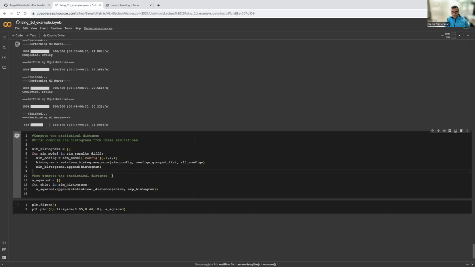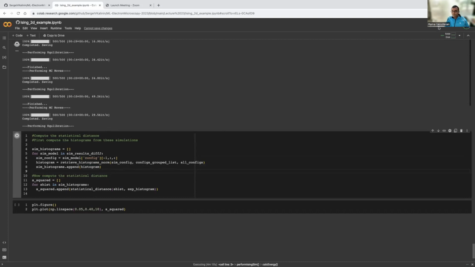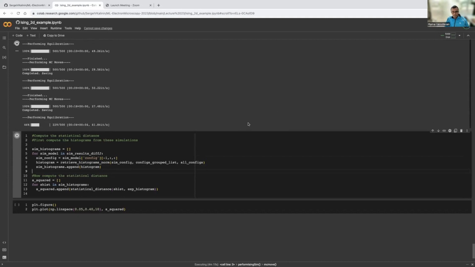Rama, yes. How difficult would it be to go back and redo all of this for a hexagonal system? So it would require some adjustment of the source code, because the source code is considering a square lattice.